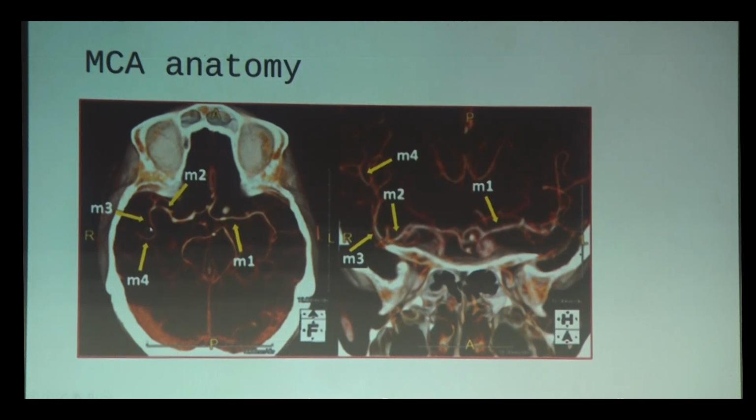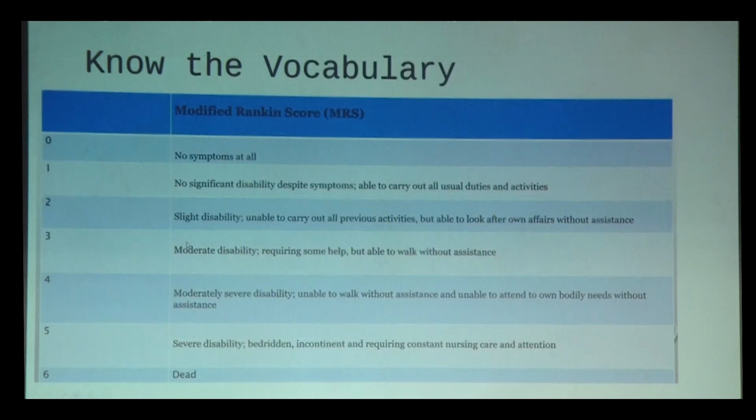This is the M3, and M4 is the cortical branches, the distal cortical branches. Usually the current guidelines for endovascular therapy are established until the M3 branches.